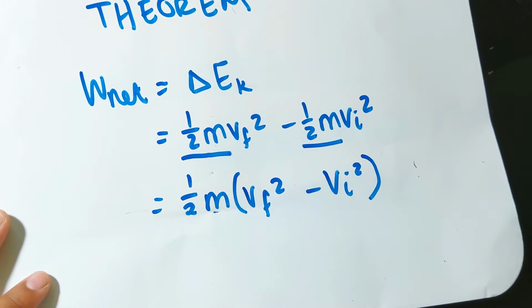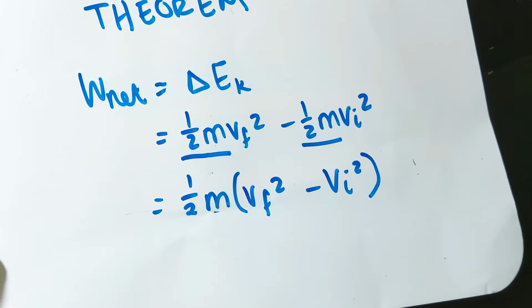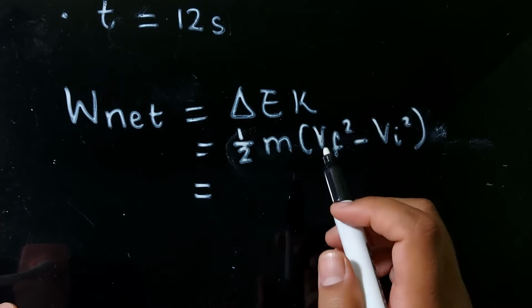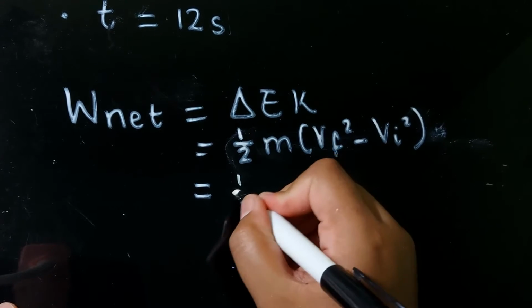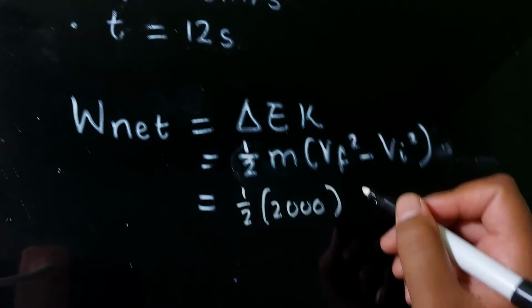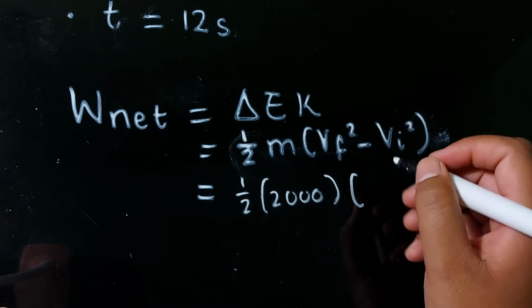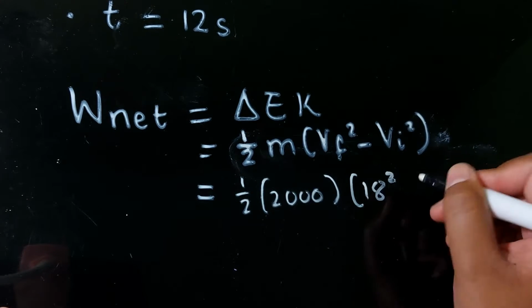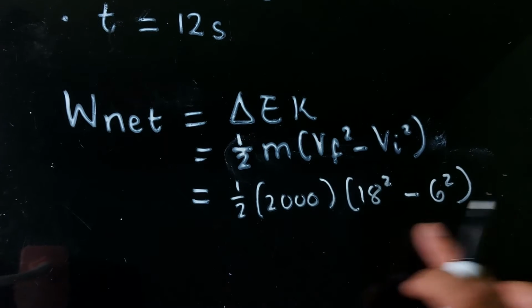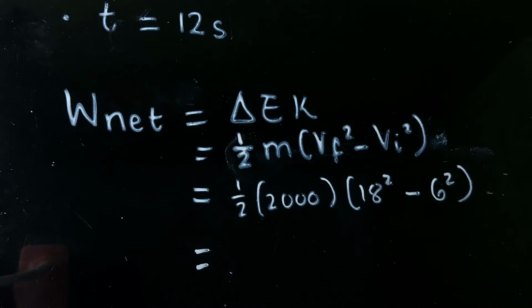And so what does this look like when we apply it to the question? Okay, as you can see now, I've written out my equation and now I'm going to substitute. And when I substitute, it's going to look like this. 2000 is the mass. Okay, my vf, my final velocity, is 18, my initial velocity is 6. And I'm going to plug this into my calculator now.